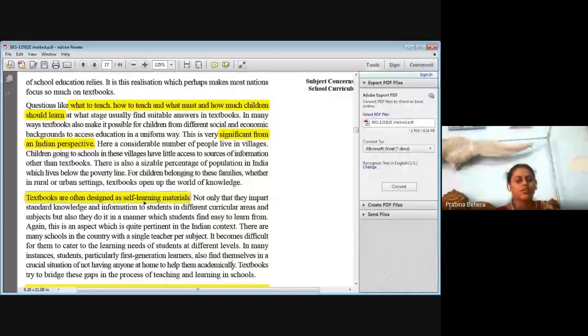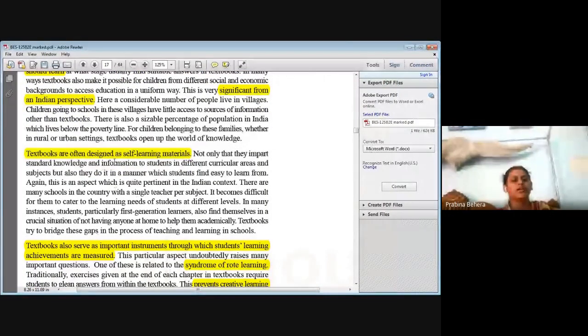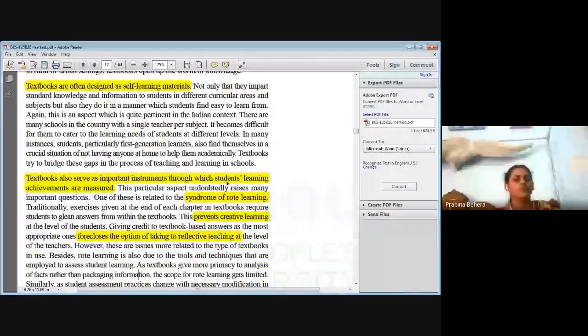There is a brief description of different curricular materials, prescribed curricular material, textbook. Textbooks are often designed as self-learning materials also. There are different merits and demerits of prescribed learning material. Textbooks also serve as an important instrument through which students' learning achievement is measured.